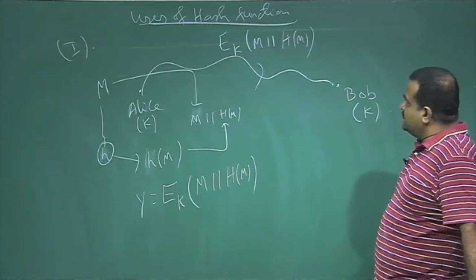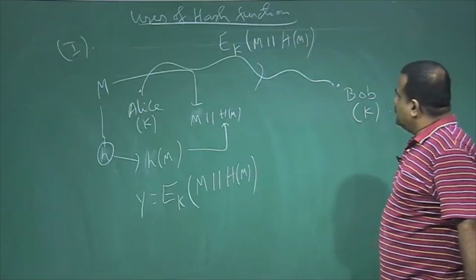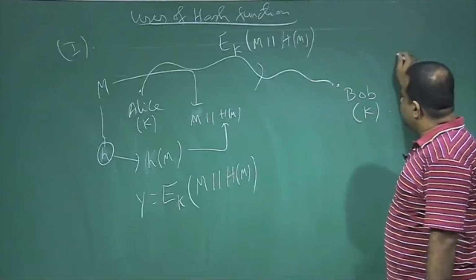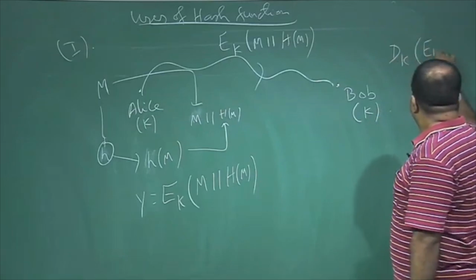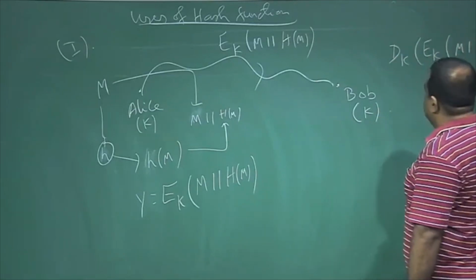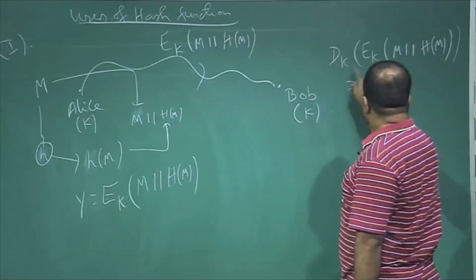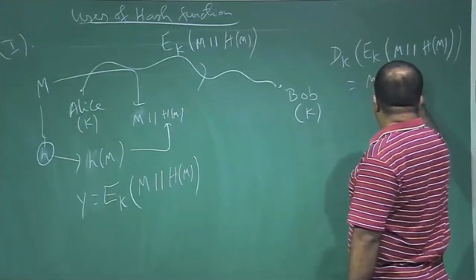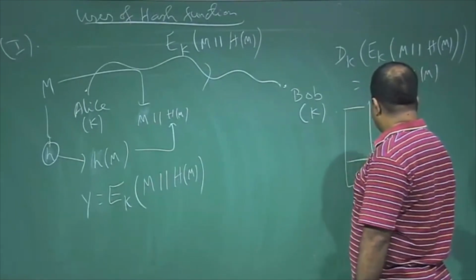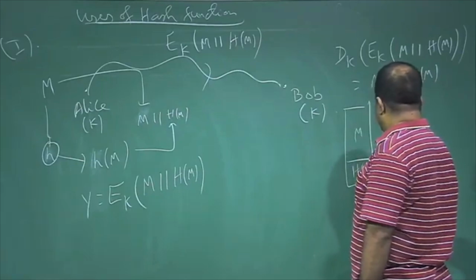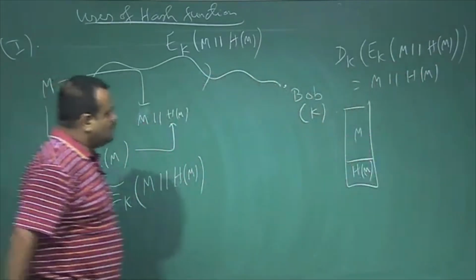Okay. So, now how will Bob authenticate this? Bob is getting this encrypted message. Bob will decrypt it using the key K Bob has. This will cancel out, and Bob is basically receiving M and H of M. Now what will Bob do?